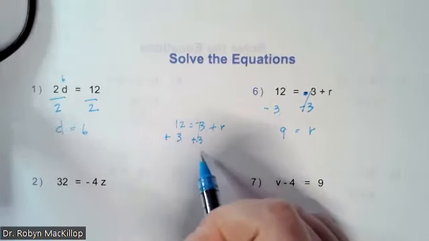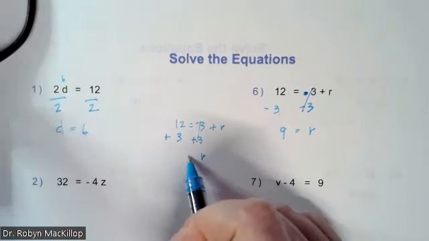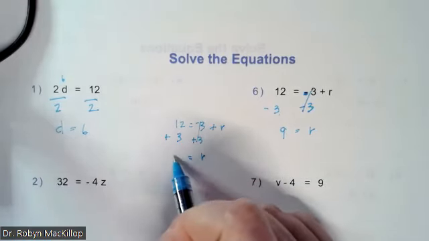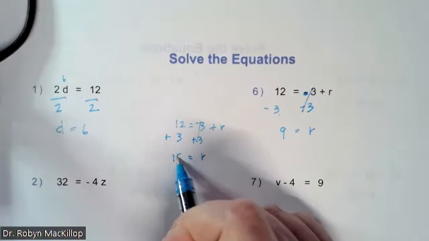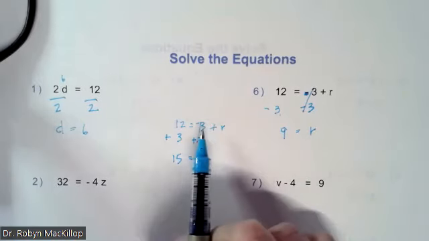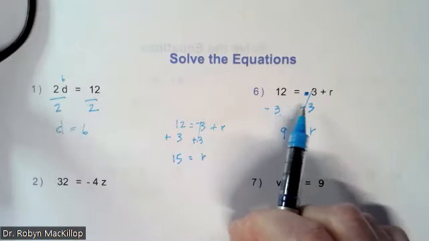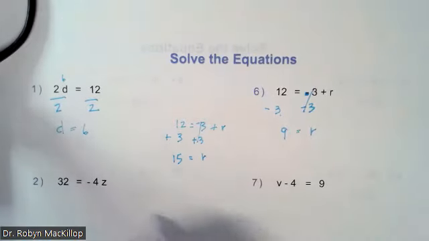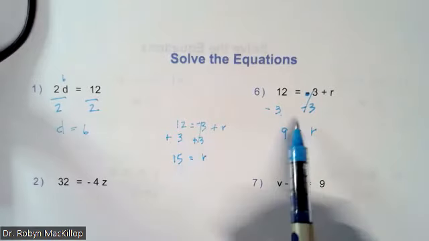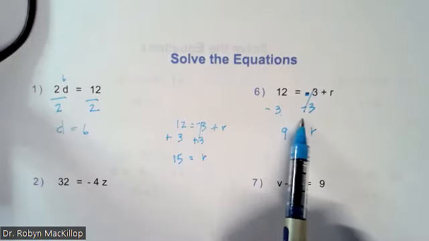This is gone, leaves us R. 12 plus 3 is 15. And that's the difference between 12 equals negative 3 plus R or 12 equals 3 plus R. You just do the opposite of what they give you because you want to zero out that extra number.